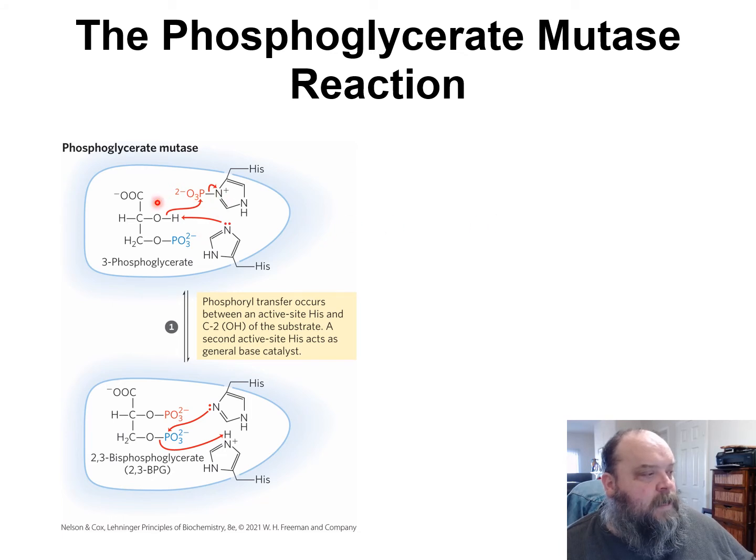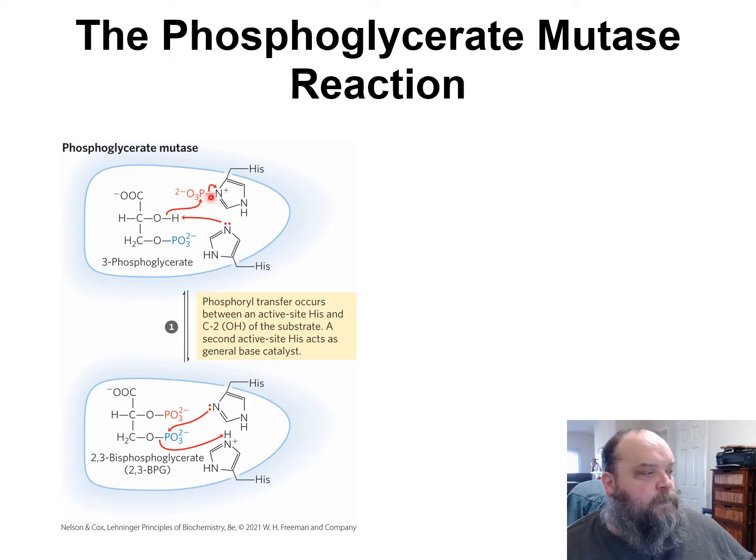What we see here in the active site of the enzyme: histidines. The nitrogen of the R groups of histidine are going to do nucleophilic attacks. We have a phosphate group here that's attacking this electron pair here. So you're going to get shifts. Pull off the hydrogen.